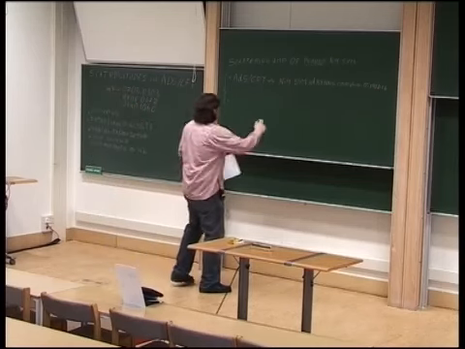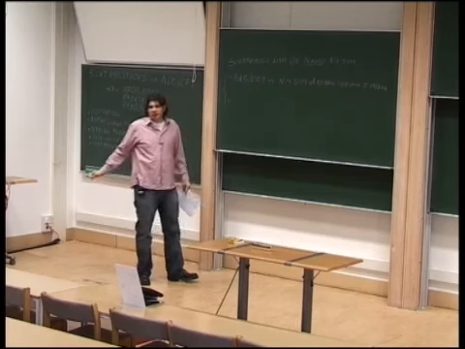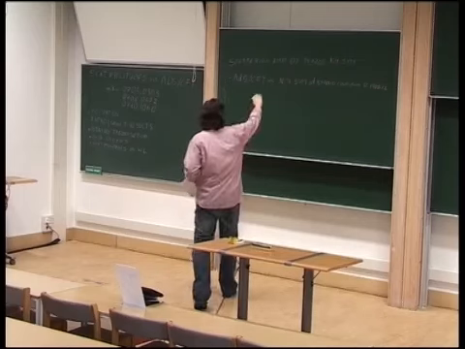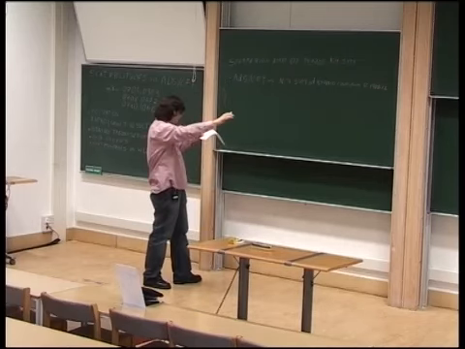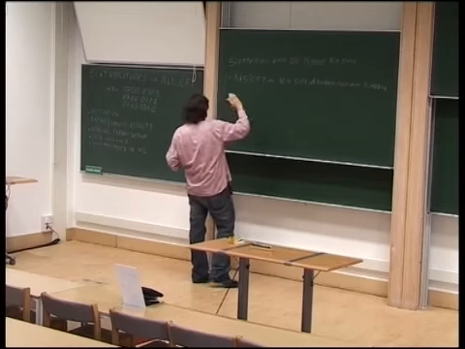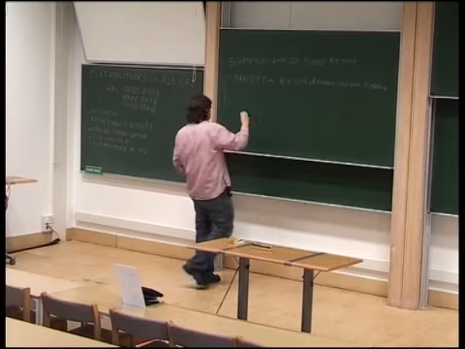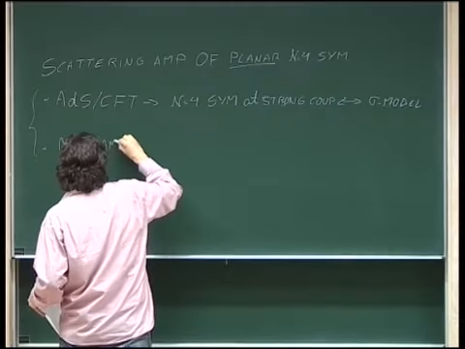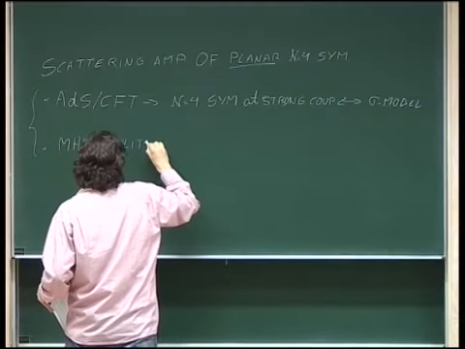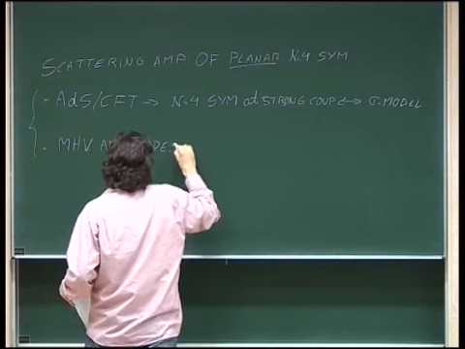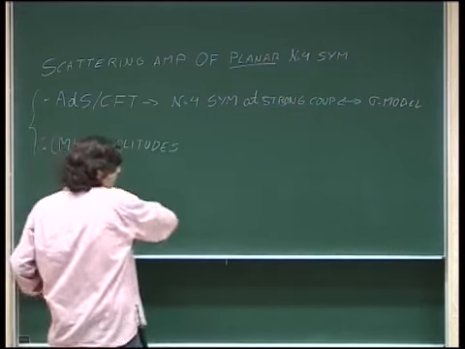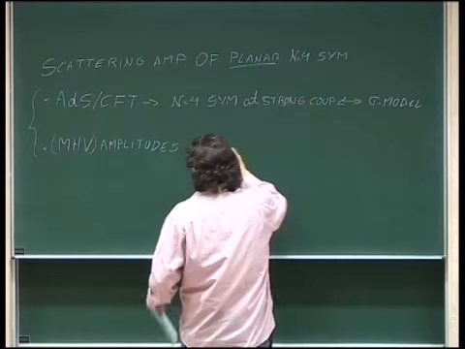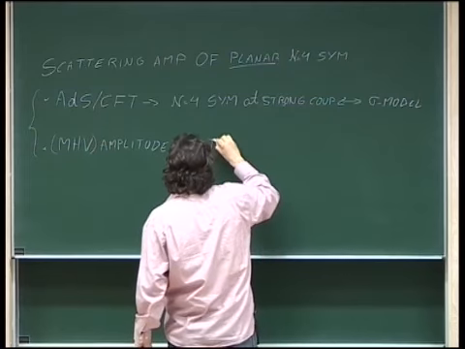Well, on the other hand, Bern and collaborators did a lot of computations of these scattering amplitudes at weak coupling, and it seems that for some particular kind of amplitudes, the so-called MHV amplitudes, this will not play much of a role, in which I will say whether the amplitudes are MHV or not, they seem to have an iterative structure.